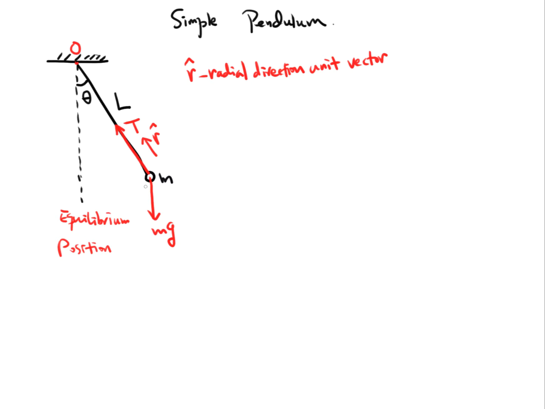And perpendicular to the radial direction is the tangential direction, and we use a unit vector t hat to represent it.